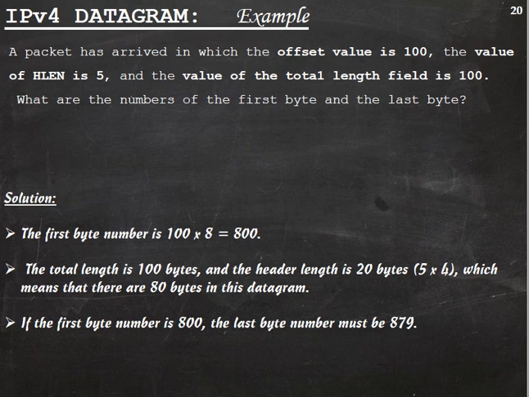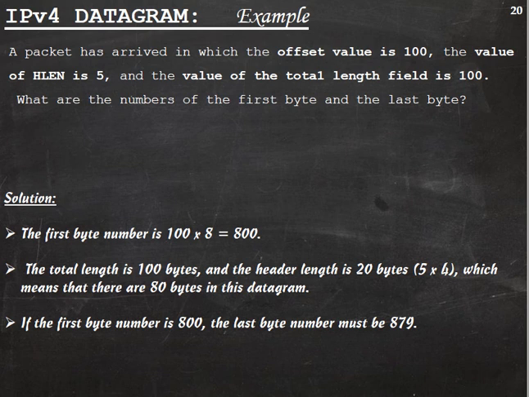The problem says a packet has arrived in which the offset value is 100, the value of HLEN is 5, and the value of the total length field is 100. What is the number of the first byte and the last byte?